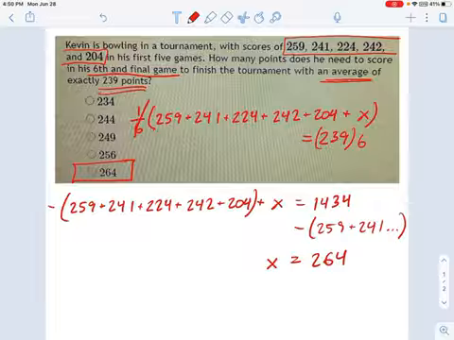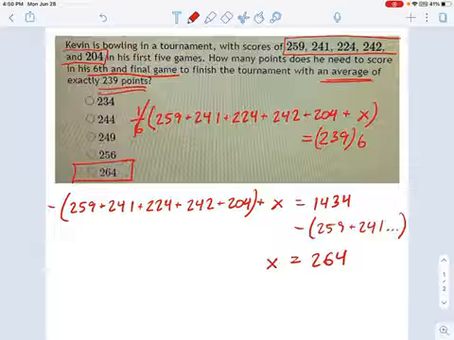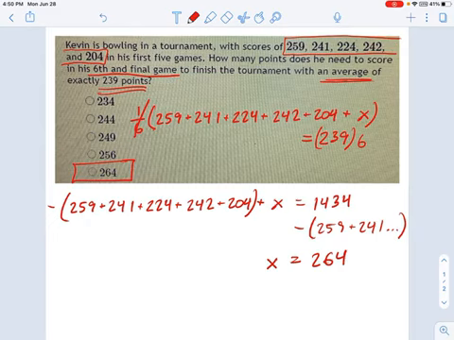Now, another way you could do this, if you're crunched for time and you don't quite see the way through it, is just figure out the average of those first 5 scores. Let's do that. 259 plus 241 plus 224 plus 242 plus 204.